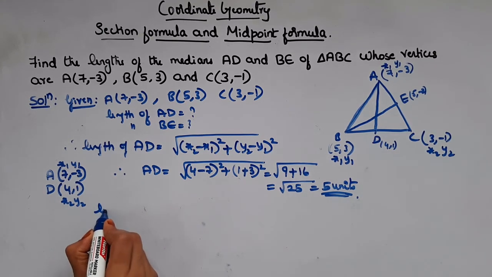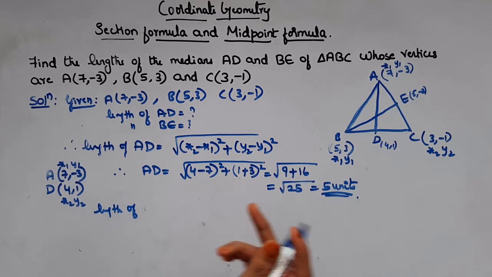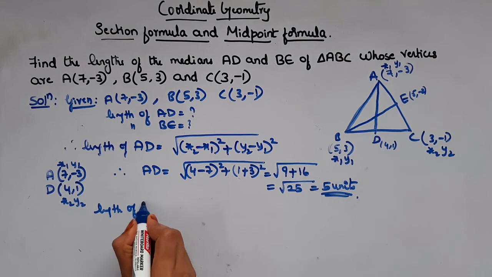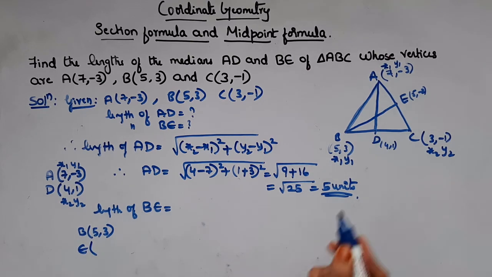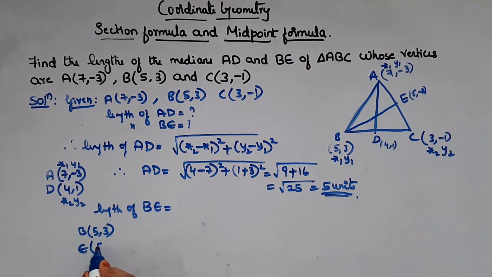Similarly, we will find the length of BE. In this case, your points are B and E. So the vertices of point B are (5, 3) and E is (5, -2). In this case, this is your x1, y1 and this is your x2, y2.